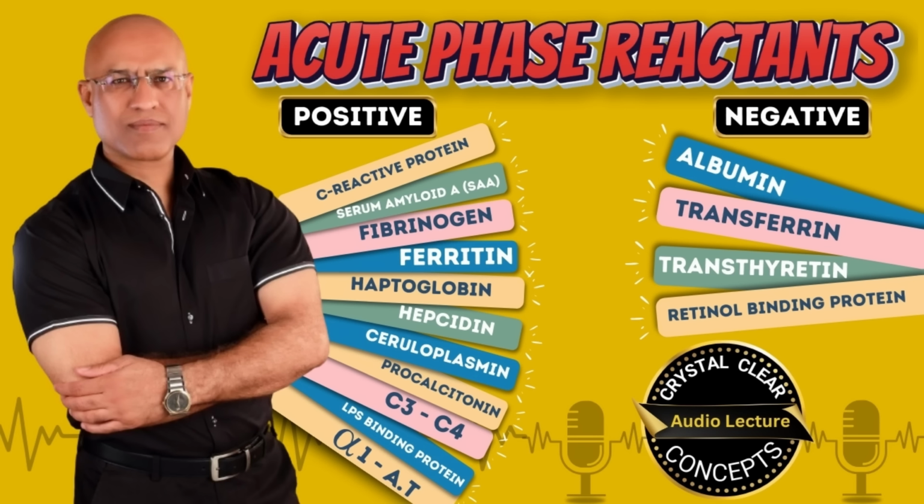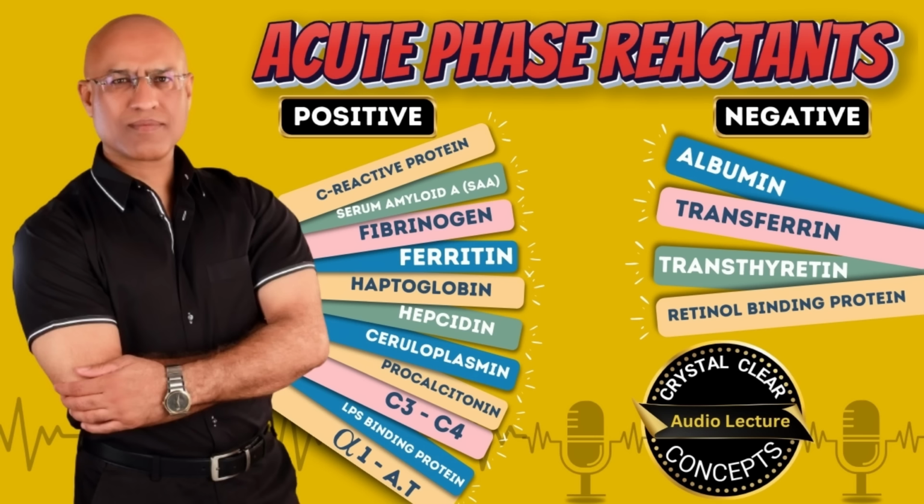bind with C-reactive protein. Now look, C-reactive protein on one side is binding with our injured cells or pathogen, and on the other side it is binding with the receptor on the macrophage or neutrophil. So C-reactive protein binds the exposed phosphocholine on the injured cell or pathogen, binds on the other side with neutrophils and macrophages, and activates the phagocytic process.